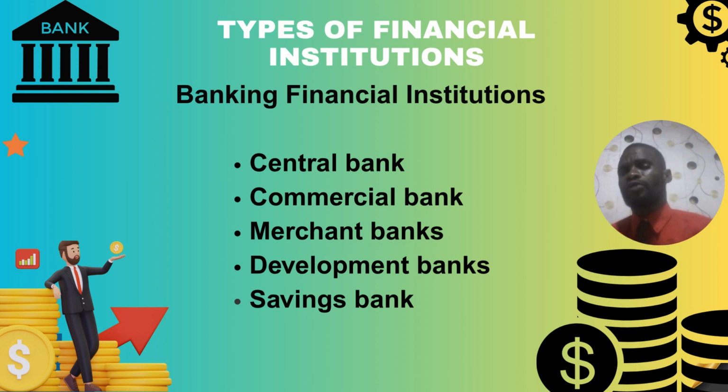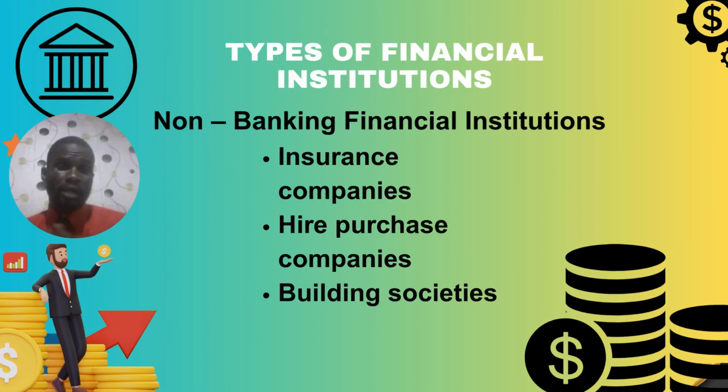Under the banking financial institutions, we have the central bank, which we consider as the apex bank. We have the commercial banks, we have the merchant banks, we have the development banks, we have the saving bank, among others. While under the non-banking financial institutions, we have the insurance companies, we have the hire purchase companies, and we have the building societies.